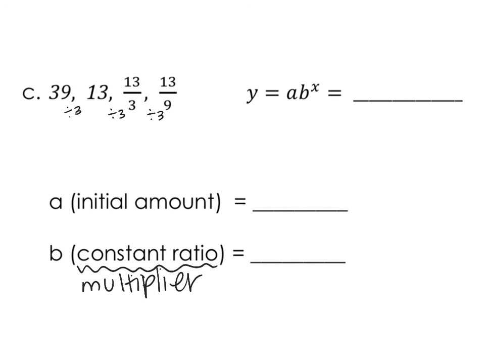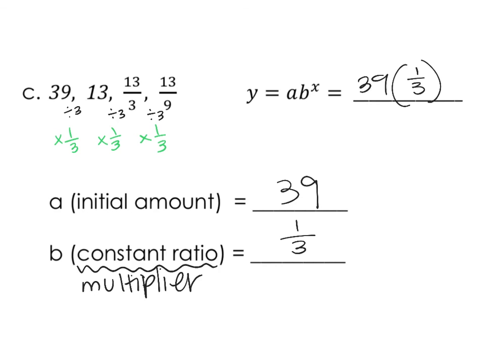So a way that you could say this dividing by 3 is the same thing as multiplying by 1 over 3. So that means our initial amount was 39 and our multiplier was 1/3. So that makes our equation 39 times a 1/3 to the x power.